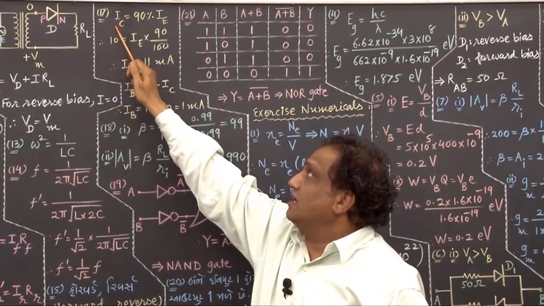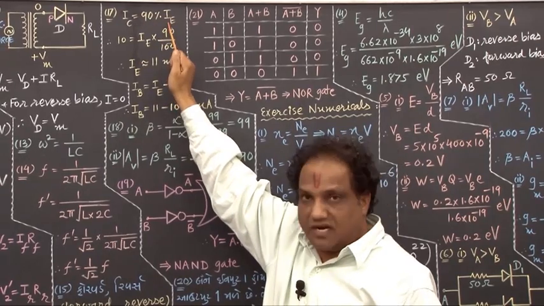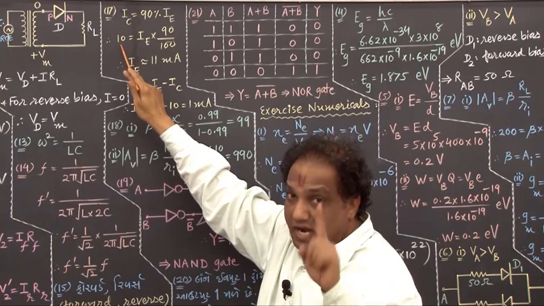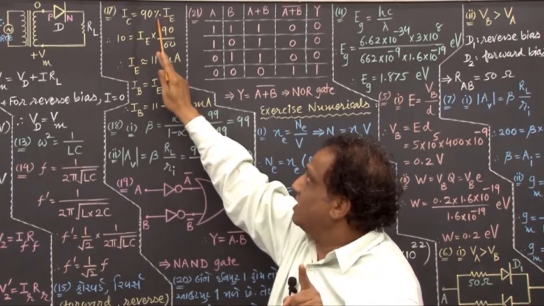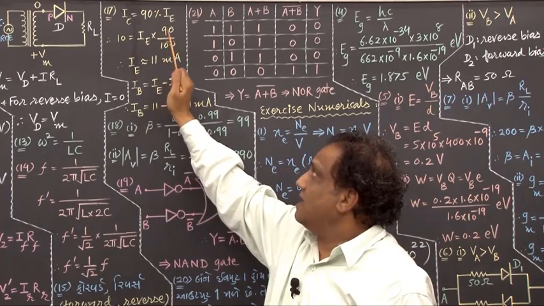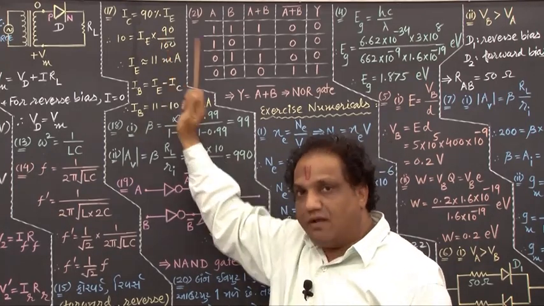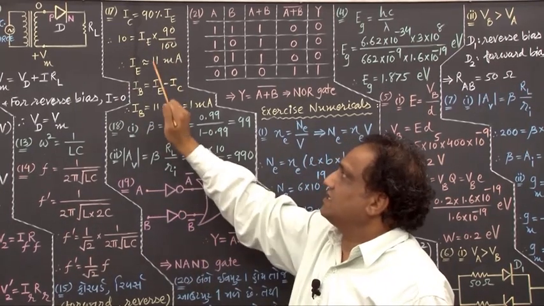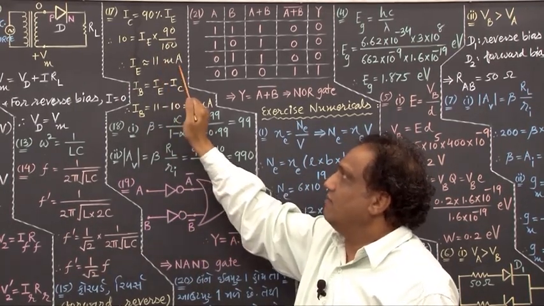In short, collector current is 90% of emitter current. They have given collector current as 10 milliampere. To find 90% of IE, multiply IE by 90 and divide by 100. Find IE. In this case, it comes out nearly equal to 11 milliampere.